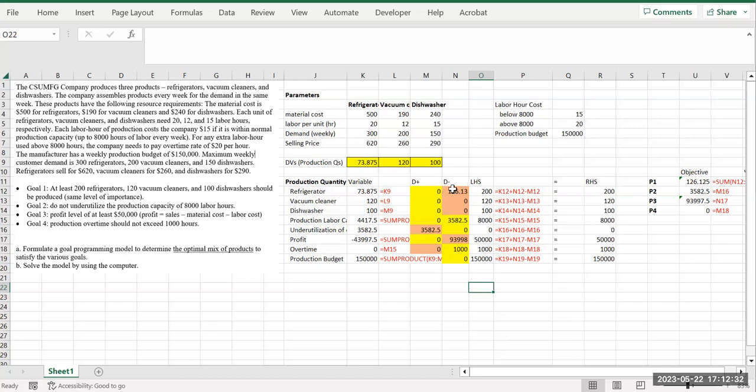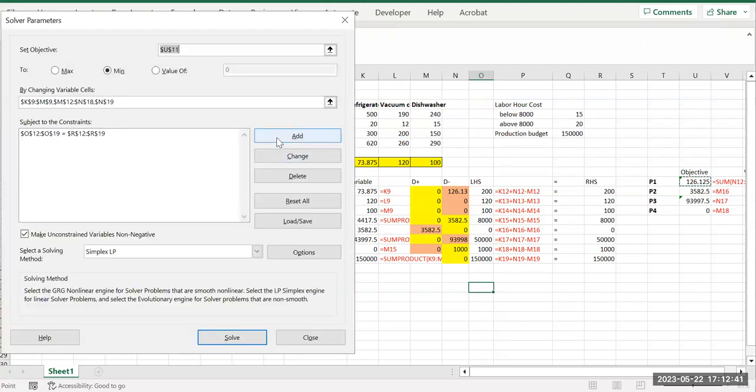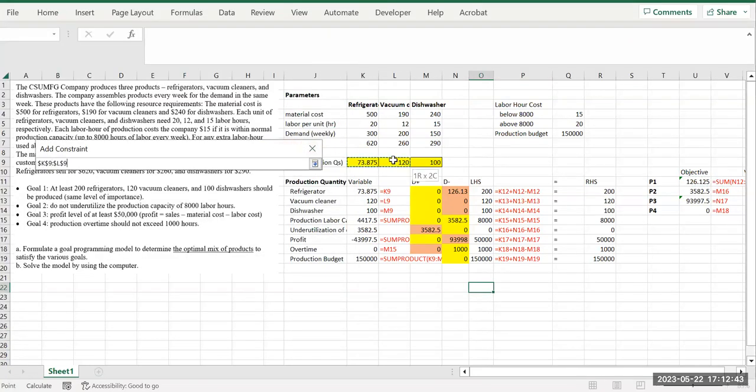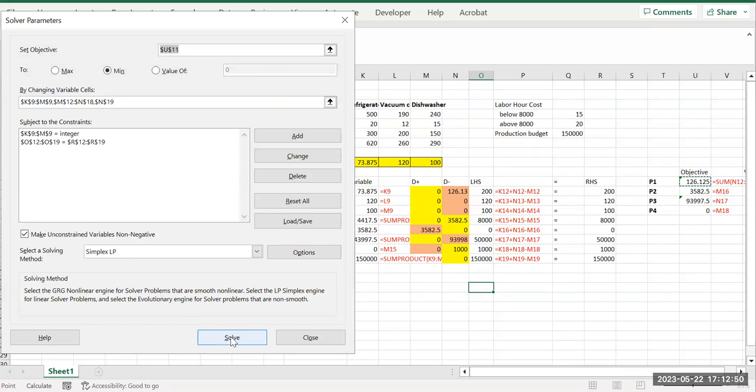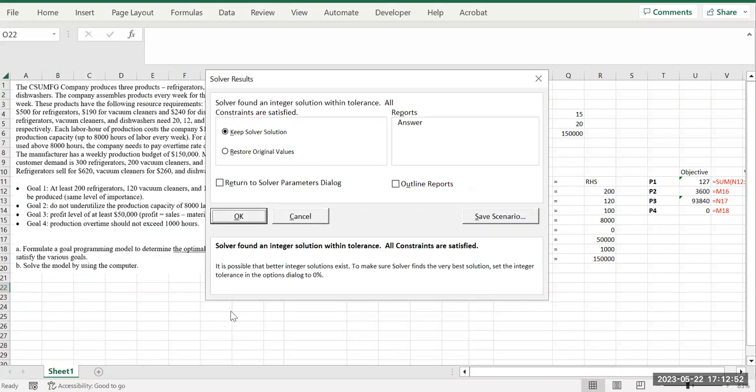And I didn't impose the integer constraint, we can actually do that. Let's go back to the solver and try again, but this time I'm going to make sure that the values we get for the decision variables are integers.